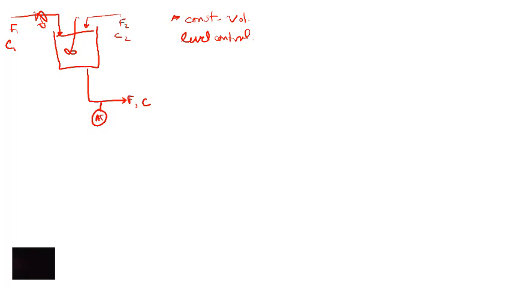We have a first order actuator, and we know those transfer functions. We need a transfer function that relates changes in composition with changes in F1. For this overall process, we can change F1 and get composition, so our overall process transfer function is going to be composition coming out over F1 entering.